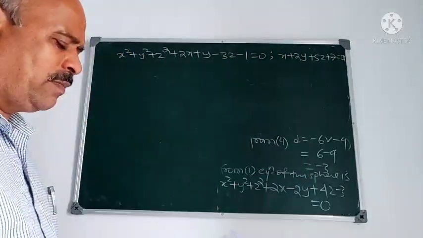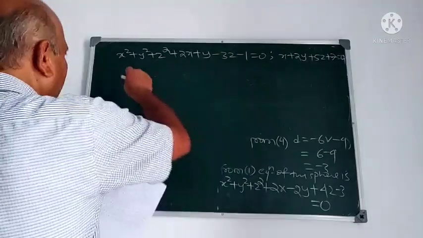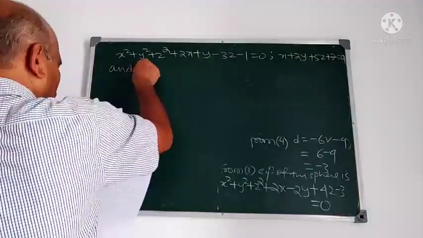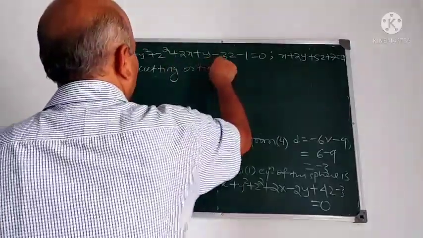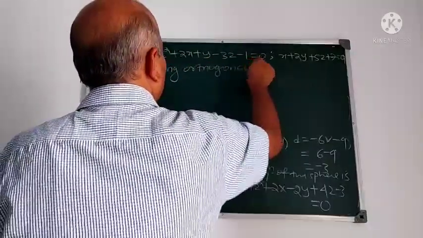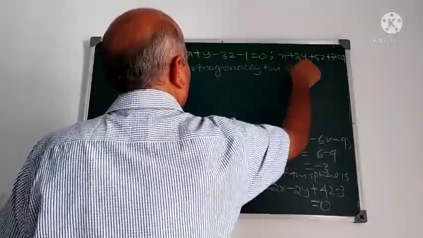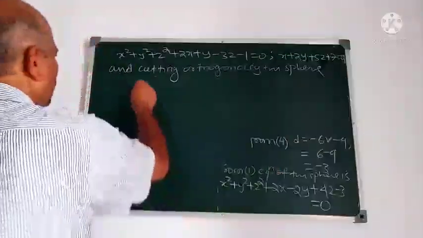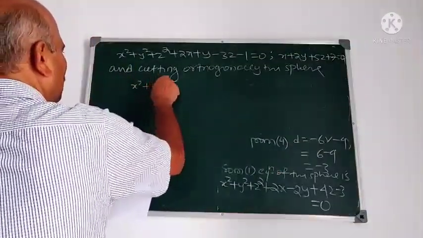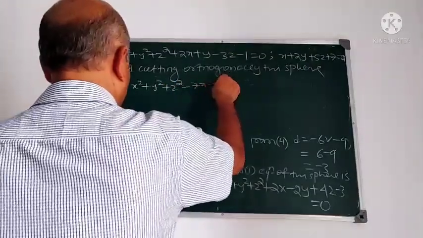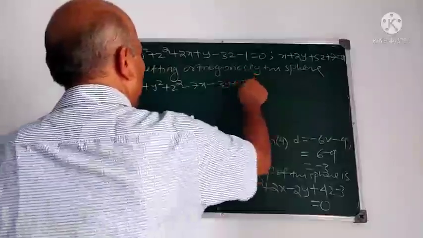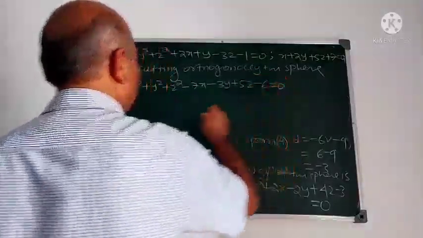Find the equation of the sphere passing through this circle and cutting orthogonally the sphere x square plus y square plus z square minus 7x minus 3y 5z minus 6 is 0.